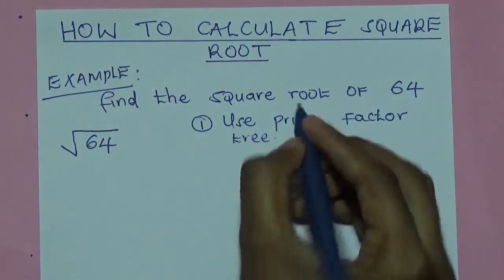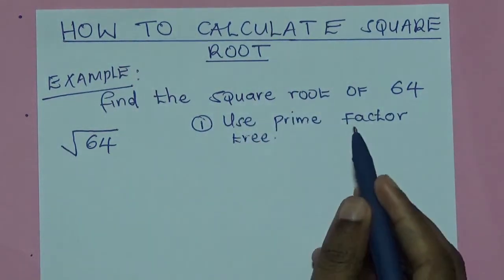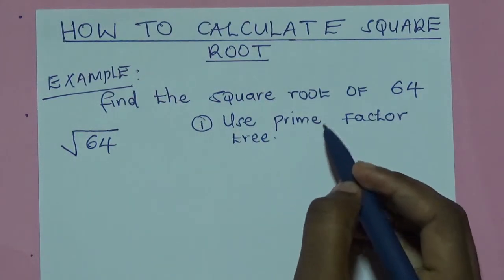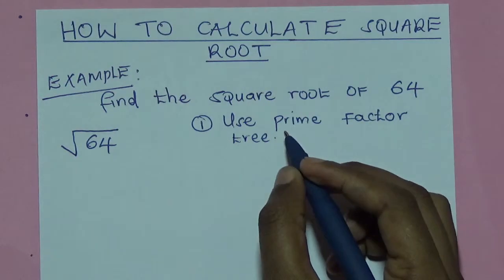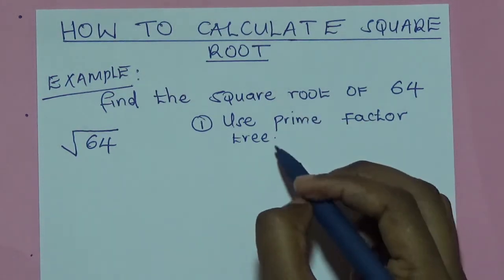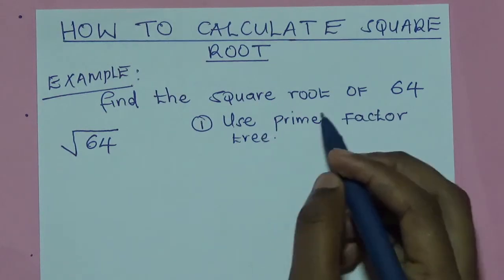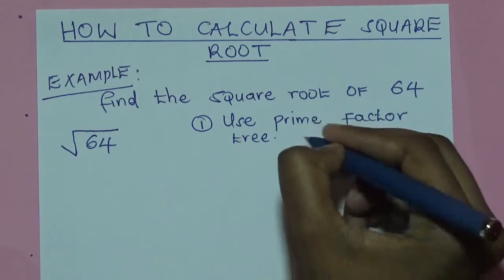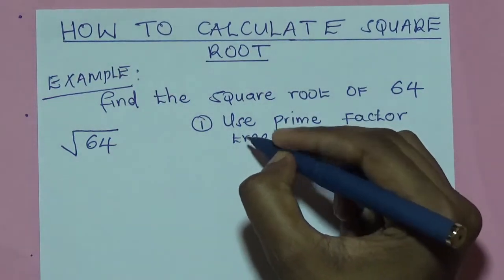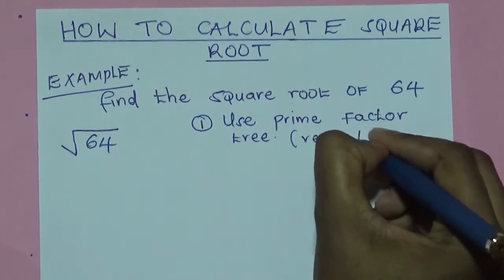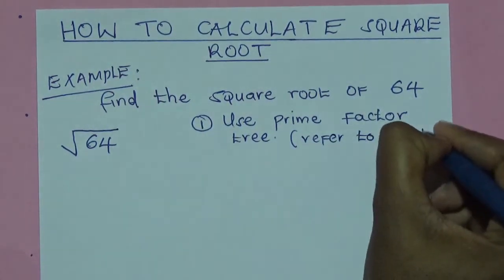If you are not familiar with what a prime factor tree or what are prime factors, I want you to refer to the lesson on GCD. In that part of the lesson, I have looked at prime factors and the prime factor tree. So, if you are not familiar with this prime factor tree, refer to the GCD lesson.